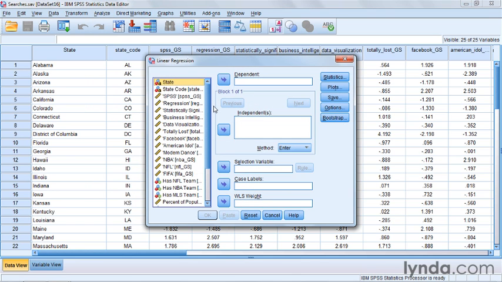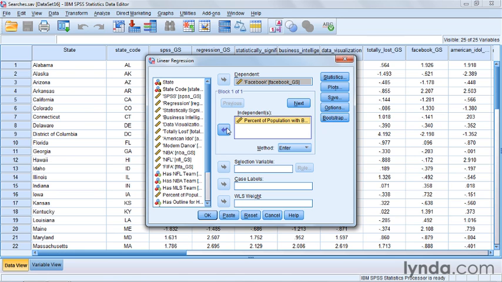We need to take our outcome variable, that is the thing we're trying to predict, and put it in the dependent box. This means dependent variable, or the variable that depends on other variables. In this case, that's going to be Facebook. That is, Facebook as a relative interest in Google searches. Independent is the variables that we're going to use as predictors. In this particular case, I'm going to be using the percent of population with a bachelor's degree or higher.